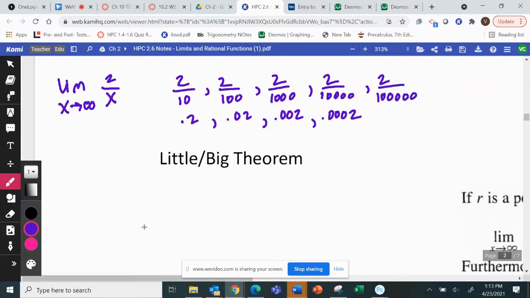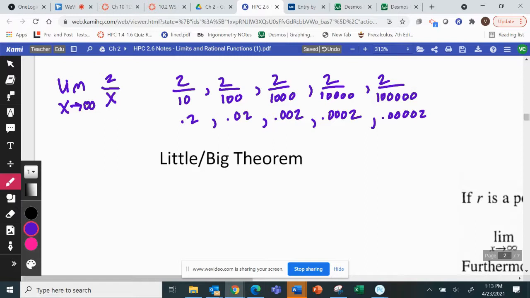Do I need to keep writing, or do you get the pattern? What y value are we approaching as my x values go to infinity? It is 0.